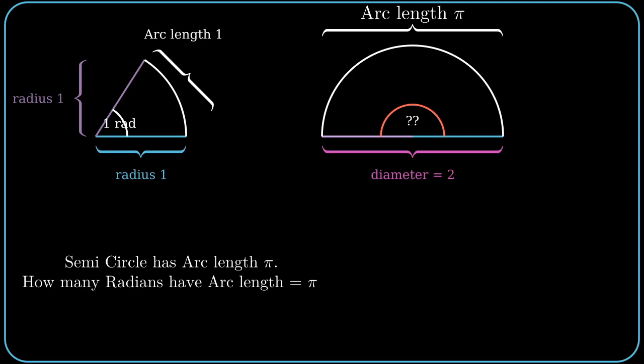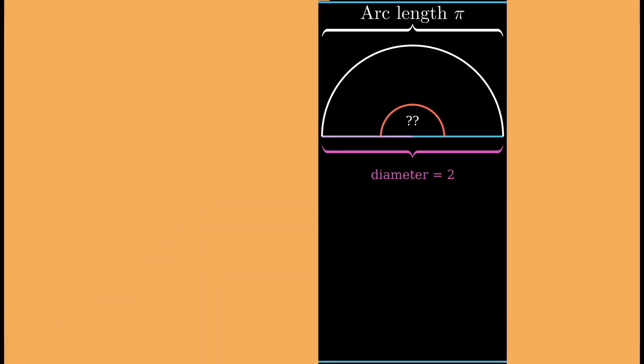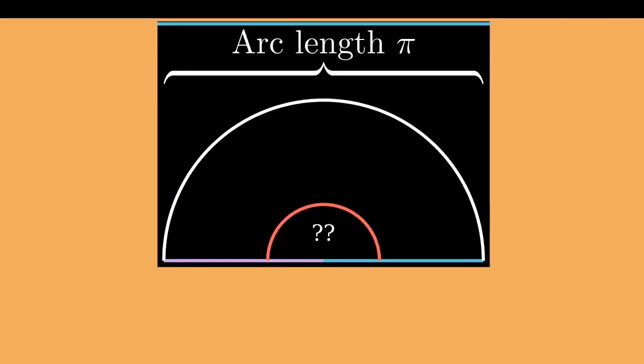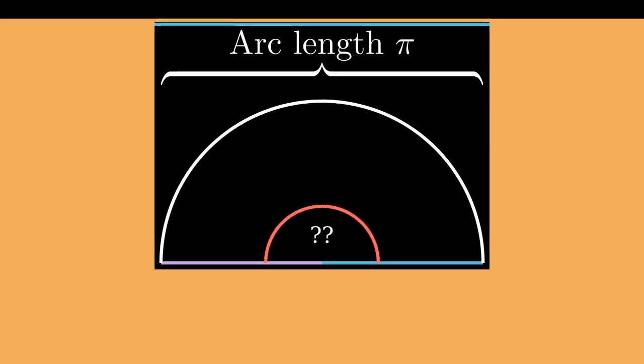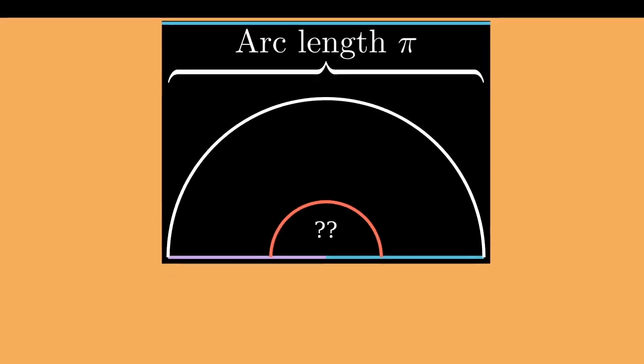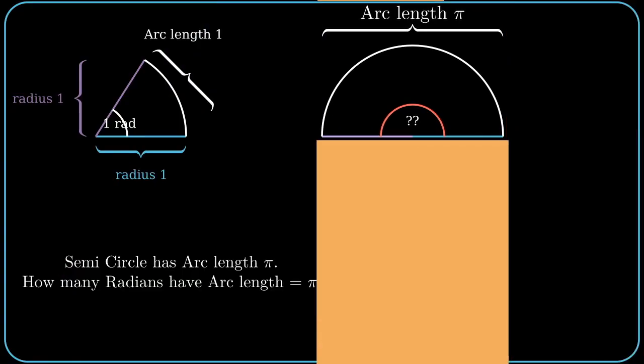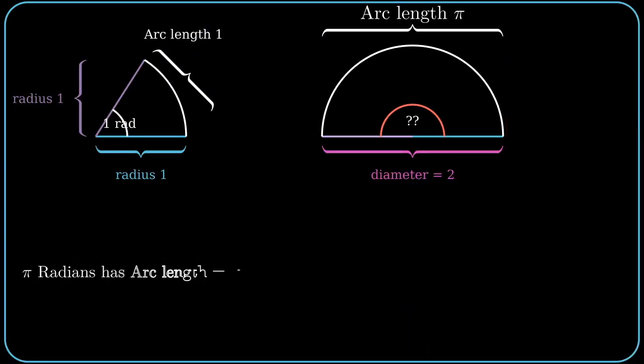And we are trying to ask ourselves, how many radians must have an arc length corresponding to pi? And the answer is, if 1 radian has arc length 1, pi radians must have arc length pi. So pi radians have an arc length of pi, or a semicircle has pi radians.